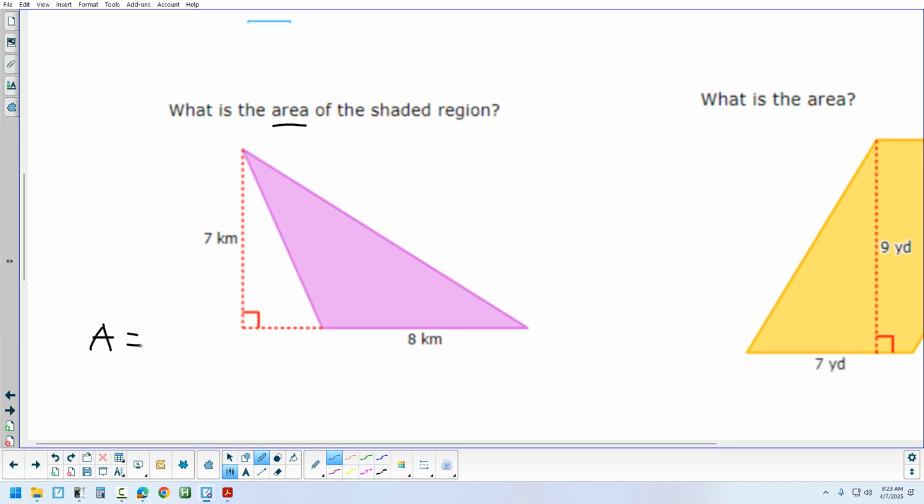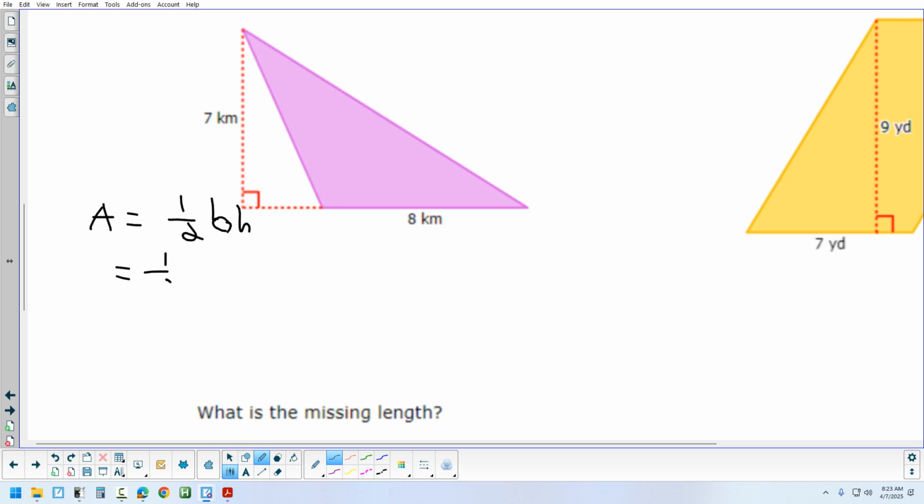I usually write it as 1/2 base times height. I like to put the 1/2 in front. They put it at the end. Doesn't matter. Okay. What's the length of my base in that purple triangle? 8. Yep. So 1/2 of 8. And what's the height of the purple triangle? 7.